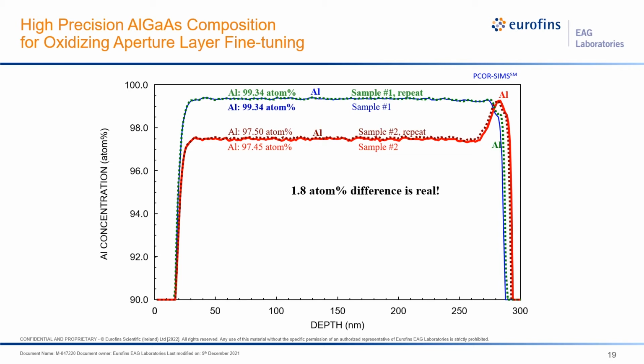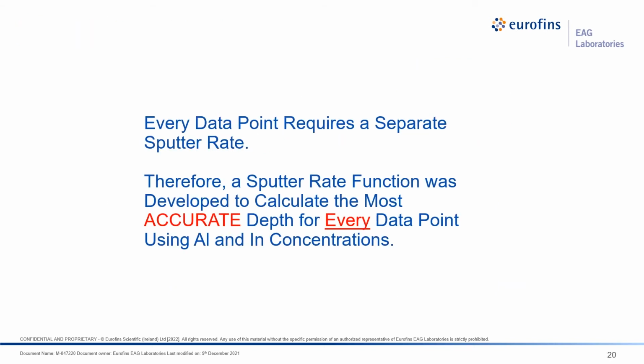So armed with the ability to quantify the matrix composition, having the calibration curves for being able to do the measurements gives us confidence in intensity calibration. But let's look at the confirmation of the accurate depth layers. Every data point requires a separate sputter rate, as we have seen in the calibration curves.